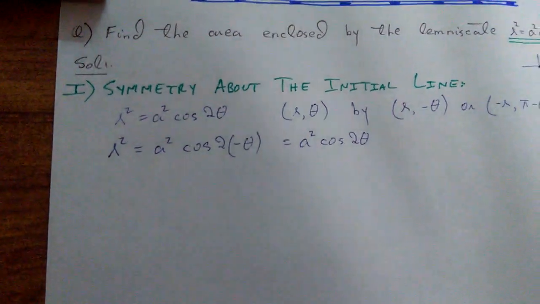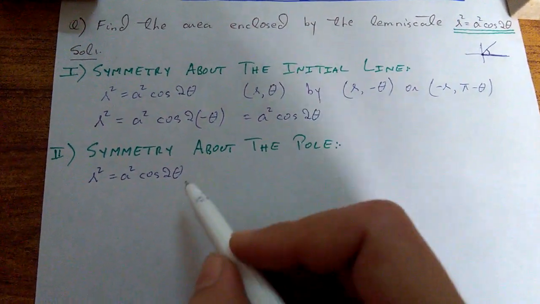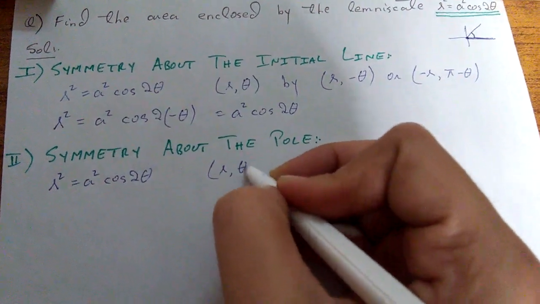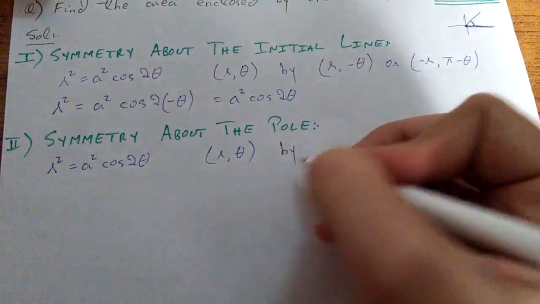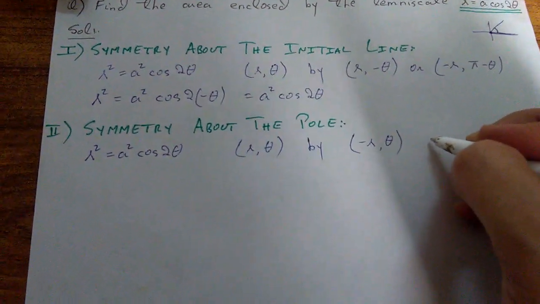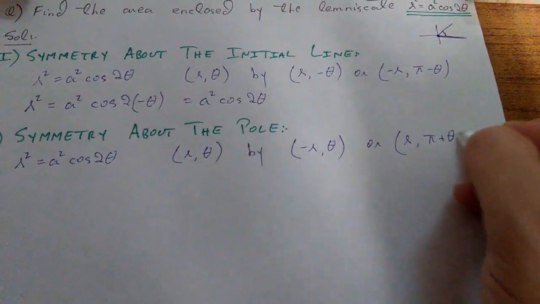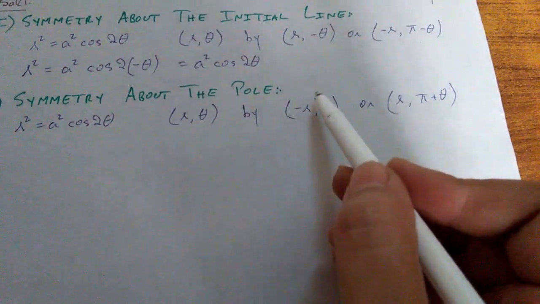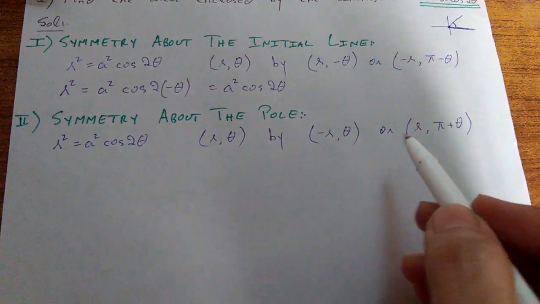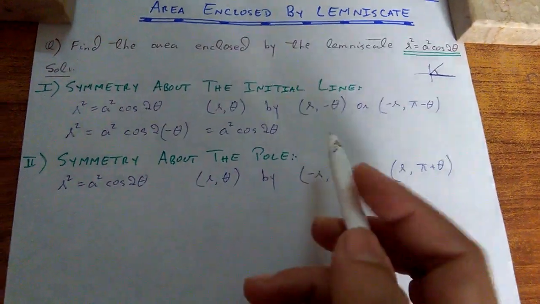Now let us check its symmetry about the pole. In order to check the symmetry about the pole, I am going to replace my r, theta coordinates either by this or by this, r and pi plus theta. If the equation remains unchanged, then the curve is going to be symmetrical about the pole as well.